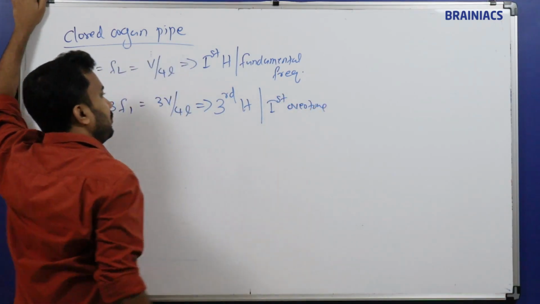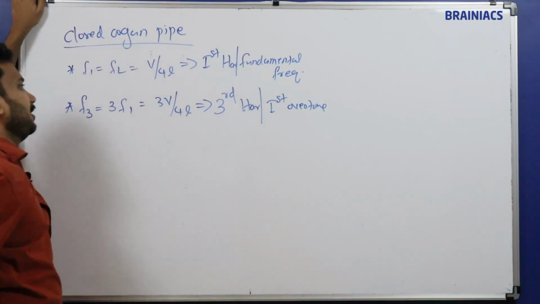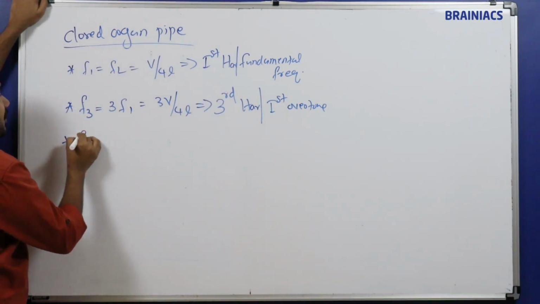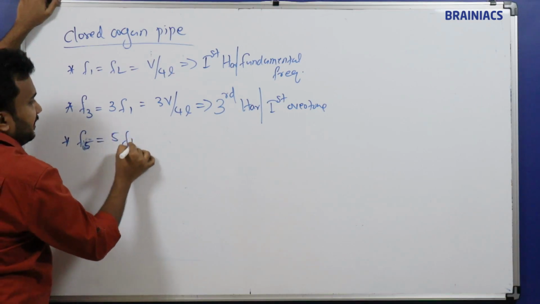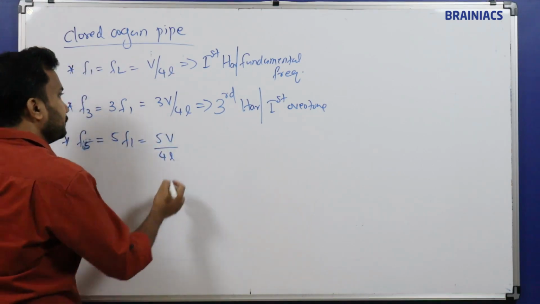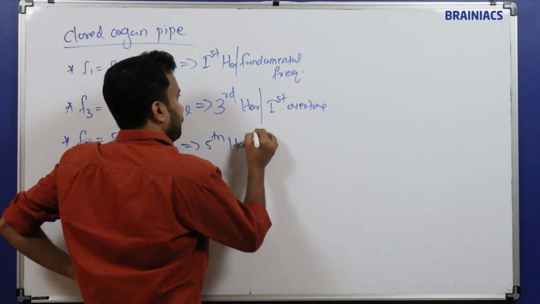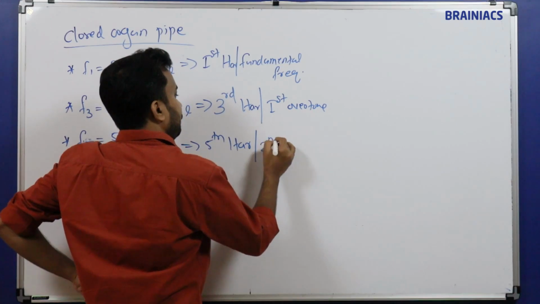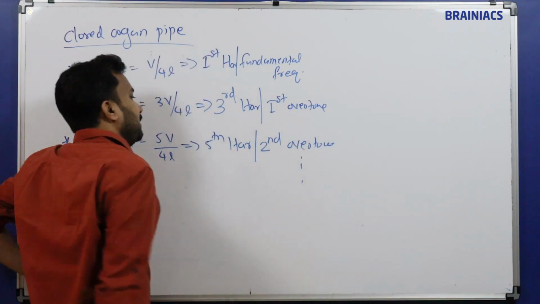Similarly, F5 is the next number. F5 will be equal to 5 times F1, which is 5V divided by 4L, and this is the fifth harmonic, or the second overtone, and so on.